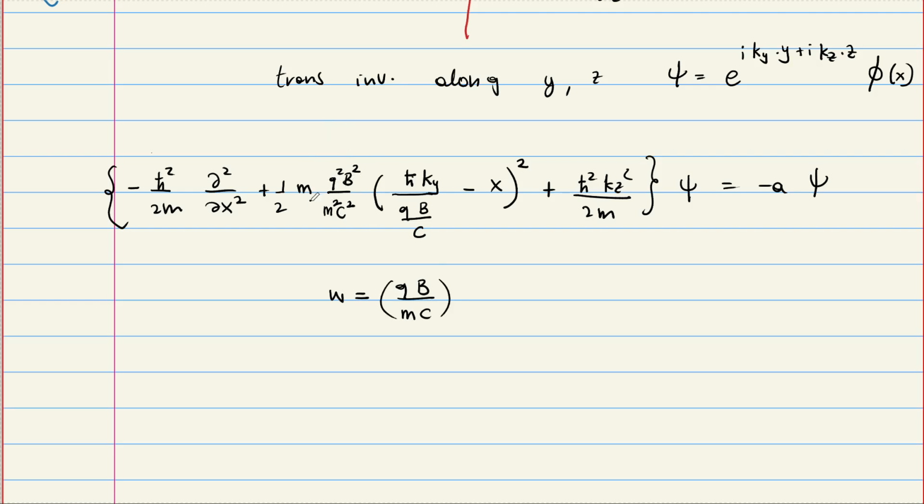I can erase this, and I can put 1/2 m omega squared here. And now I can see h bar over qb over c is equal to, I can do the following: I can put m and m, and now it is going to be h bar over m omega. Does anybody recognize this quantity?